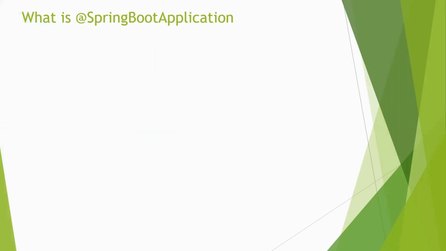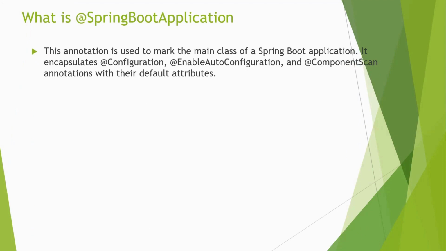The first and foremost annotation is @SpringBootApplication. This annotation is provided by Spring Boot. It indicates the main class of Spring Boot applications. The class annotated at the top level with @SpringBootApplication indicates that this is the main class of our entire project.